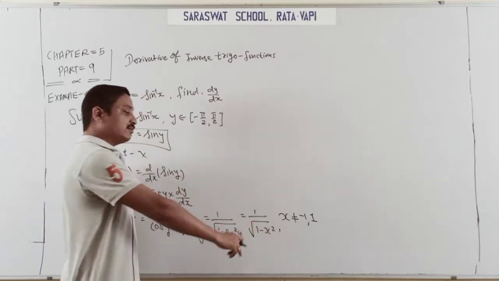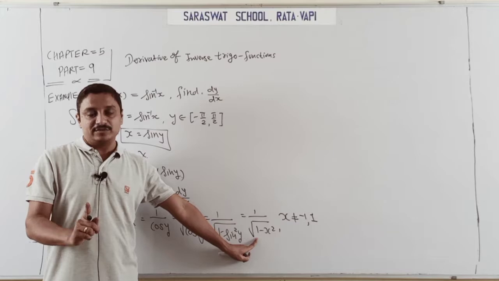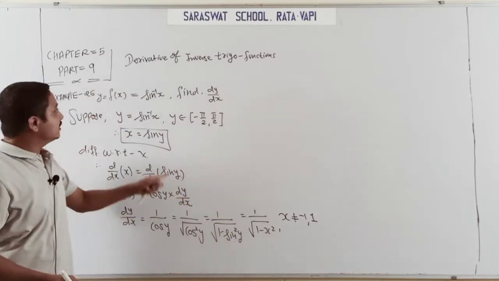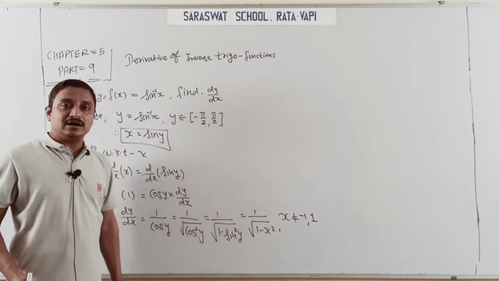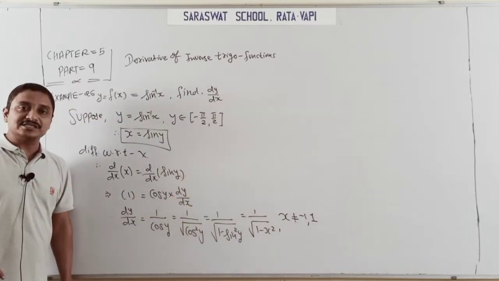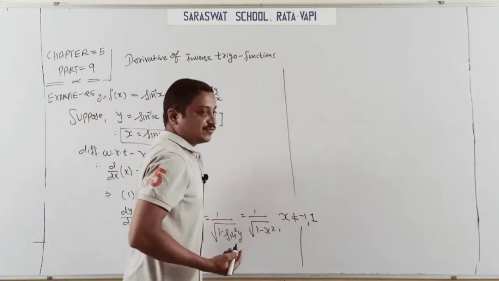If x is minus 1 or plus 1, then surely this answer does not exist, because 1 by 0. So finally done. Sin inverse x derivative is what? 1 by under root 1 minus x square. Yes, students, here you have finished this first one.